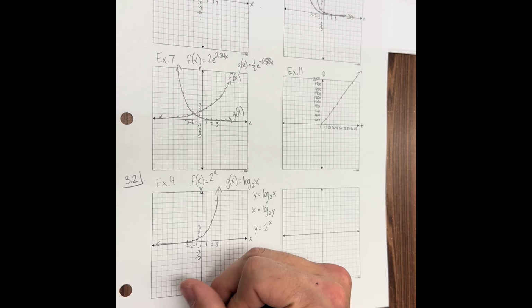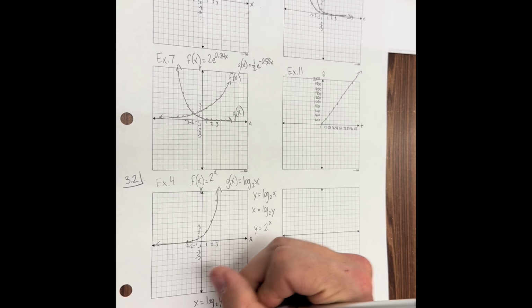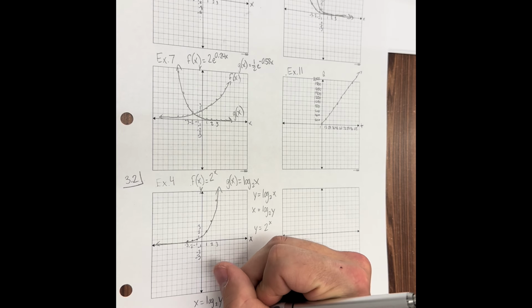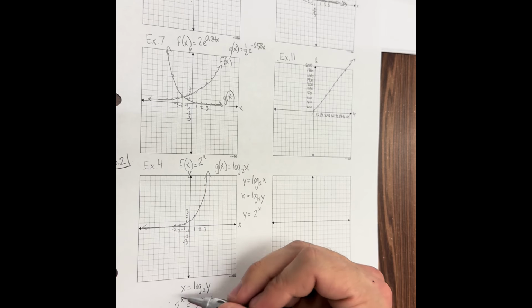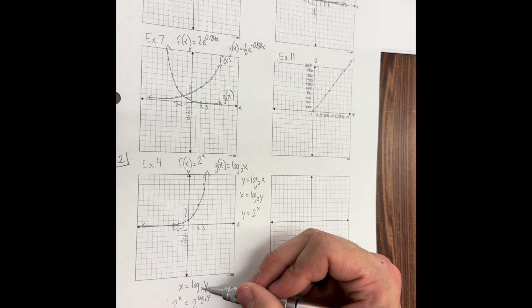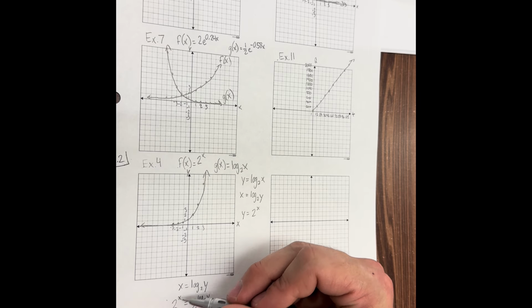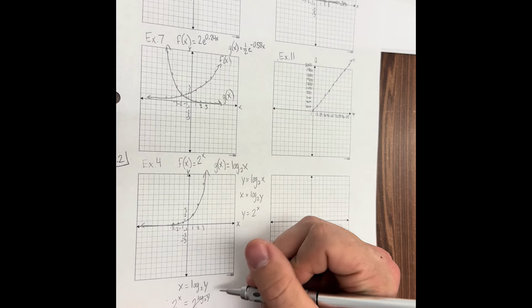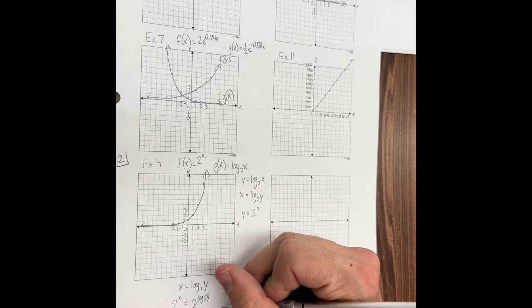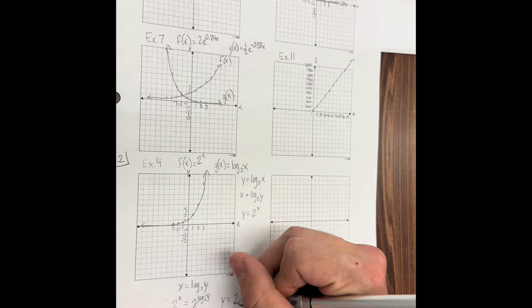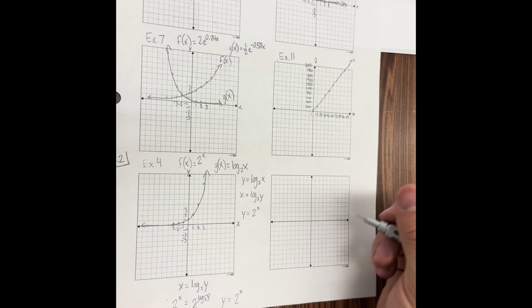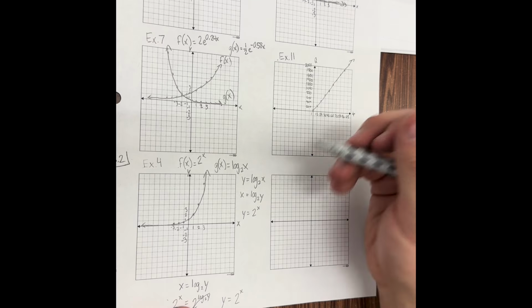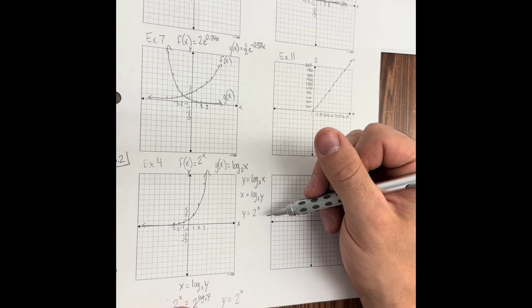So we do the power of whatever the base is. Whatever our base of our log is, that's going to be the base of our powers. So we do 2 to the power of each side. And again, this cancels out, and this side just stays as 2 to the x. So we get y equals 2 to the power of x. That's our equation. All right, this is the inverse function.